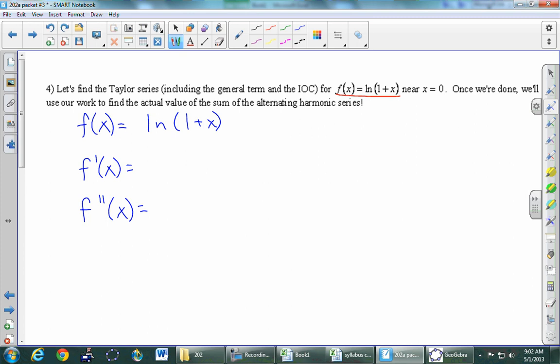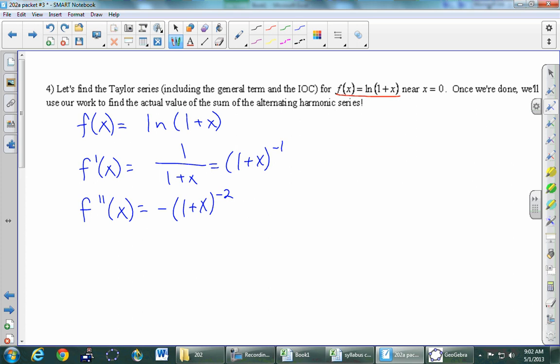What's the first derivative here? 1 over 1 plus x, which for the purposes of calculating more derivatives, might be easier to rewrite as 1 plus x to the negative 1. Which means the second derivative is negative 1 plus x to the negative 2.